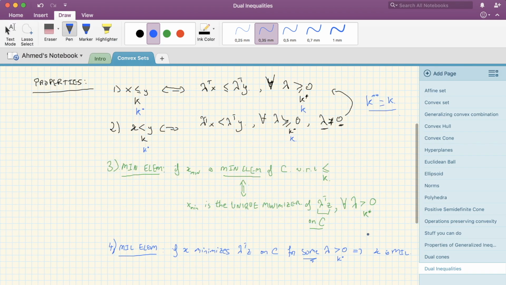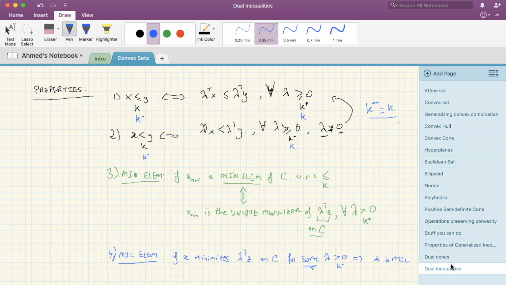We covered a lot of topics that have to do with convex sets, starting with affine sets, then convex sets. We generalized convex combinations. We went ahead and gave a lot of examples on convex sets. We talked about operations on sets that preserve convexity.